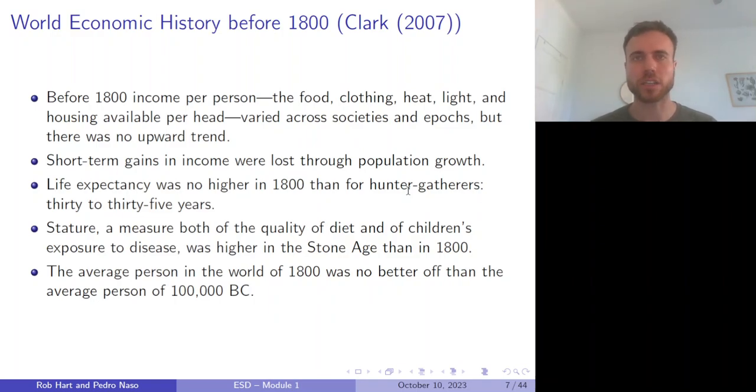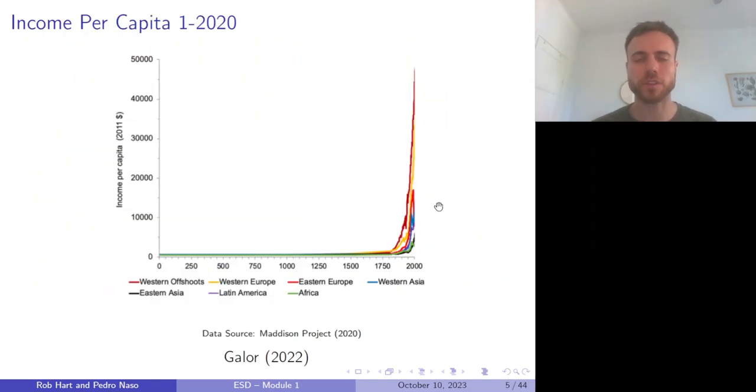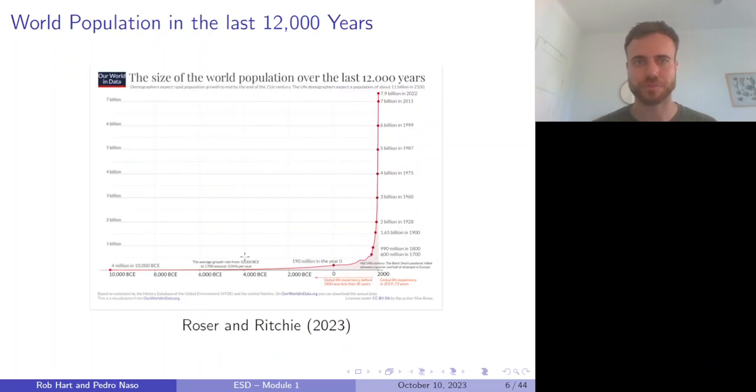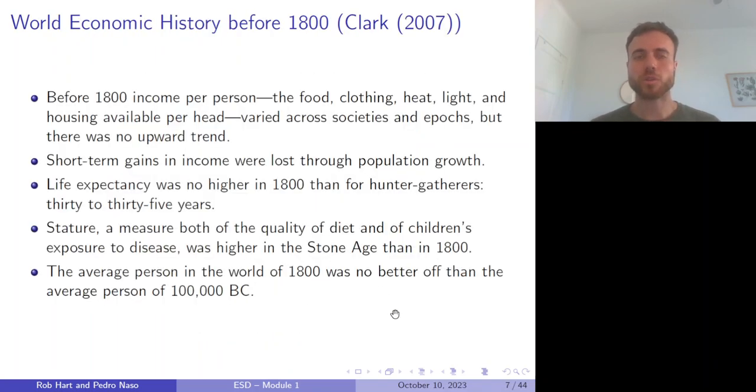If we go back to the graph, income per capita before 1800 was mostly stagnant, with a little bit of variation at some points. There were short-term gains in income because of technological advancements and productivity increases, but these were lost through population growth. We're going to talk more about that.